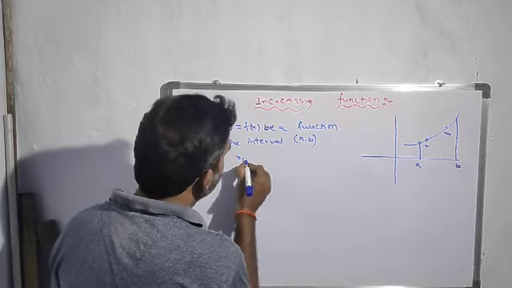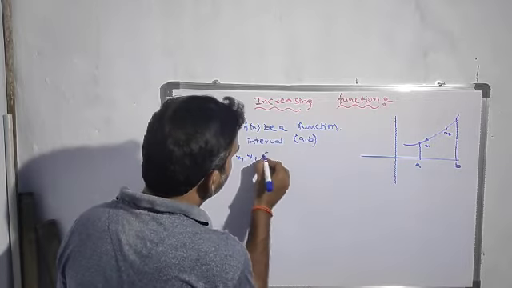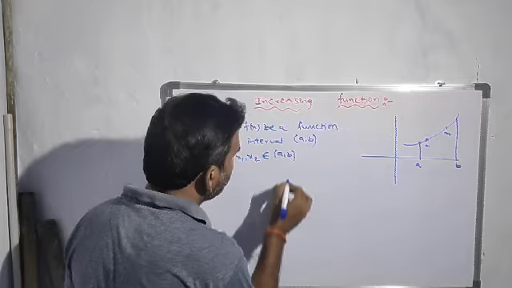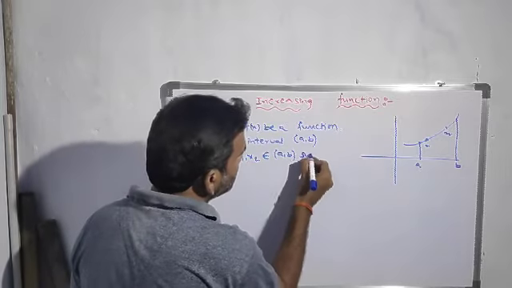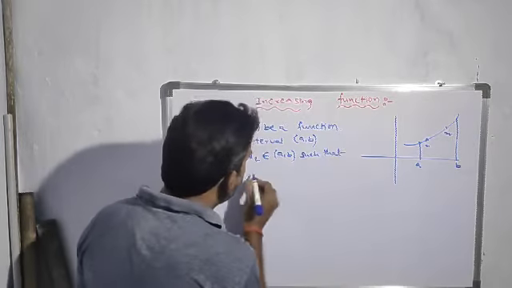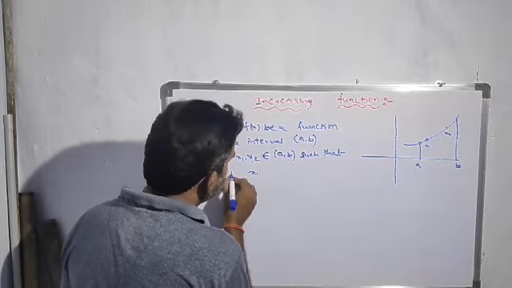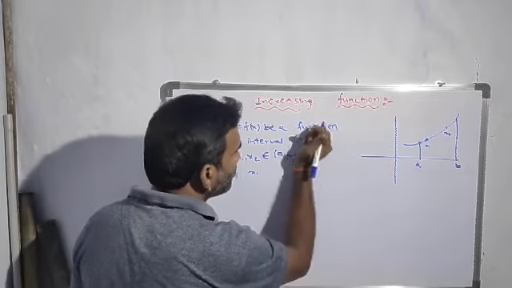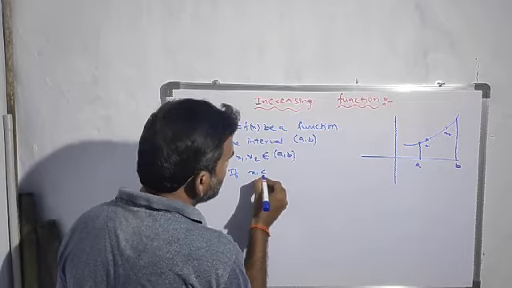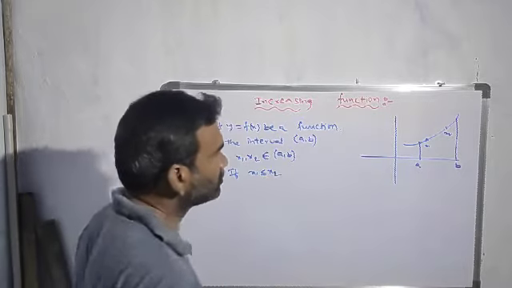Let x1 comma x2 both belong to the interval a comma b, such that x1 less than or equal to x2.